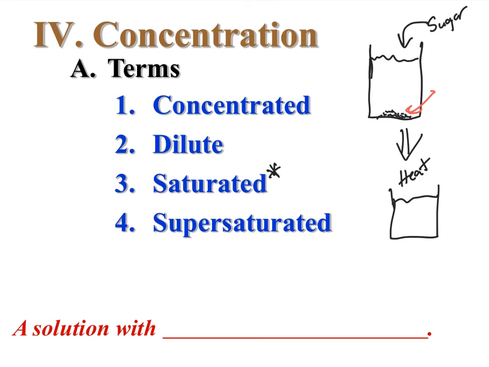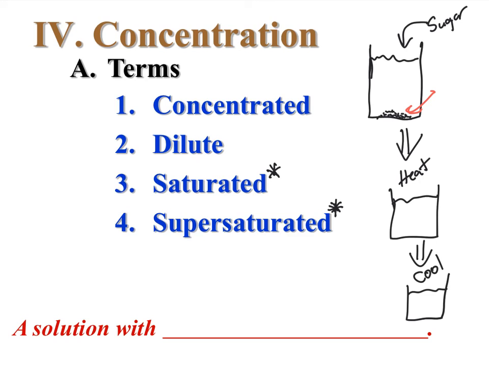But then if I cool it down again, it'll still be in solution. It just will fall out much easier. Here, where we know that solutions mean that things don't settle, when we cool, a supersaturated solution is very unstable.